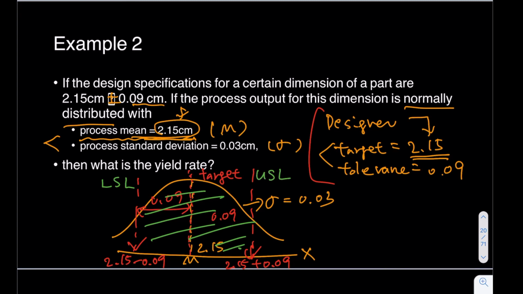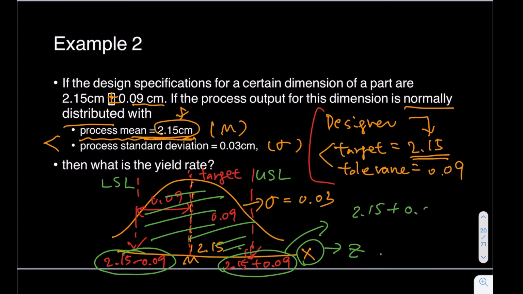Now there are many ways you can get the probability. You may want to convert this into a standard normal distribution like we have done. But in this case it's a little bit easier, because if you look at these two values, it is a kind of special case. 2.15 plus 0.09, what does this part mean? This is relevant to sigma. 0.03 is sigma. Then how many sigmas match 0.09?